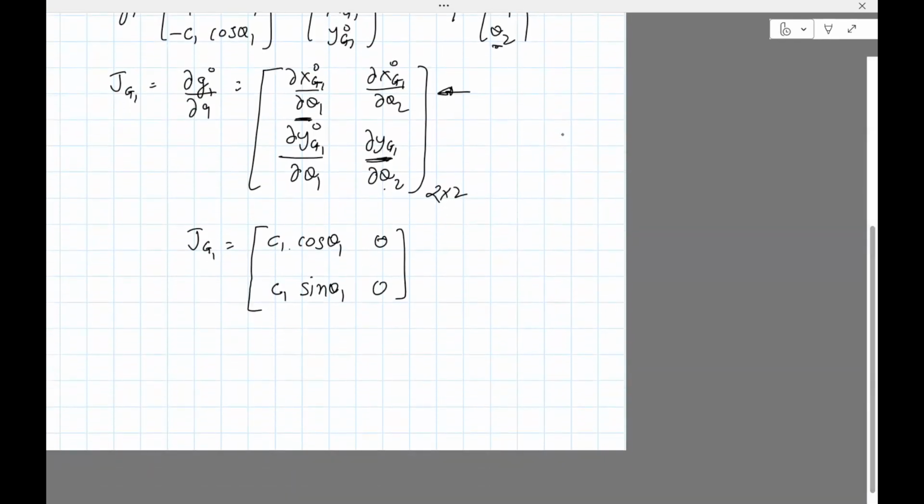Okay, to complete the final step, VG1, which is JG1 times theta 1 dot, theta 2 dot.